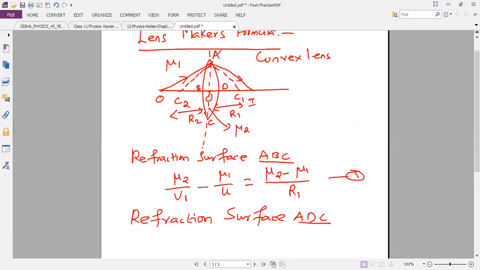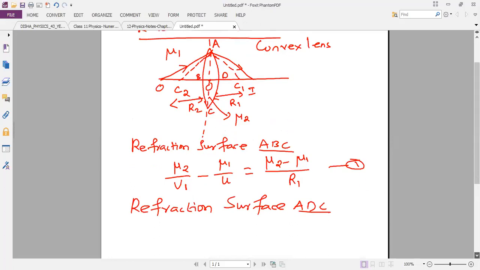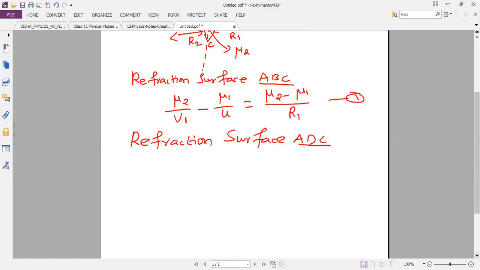For this one, we will get the formula: refractive index mu1 divided by v minus mu2 by v1 is equal to mu2 minus mu1.